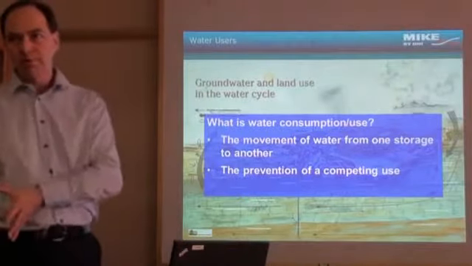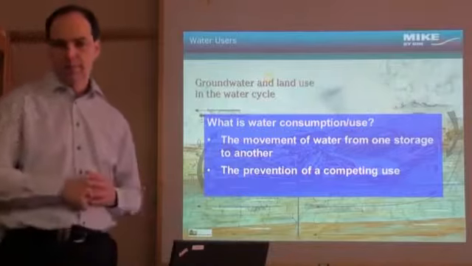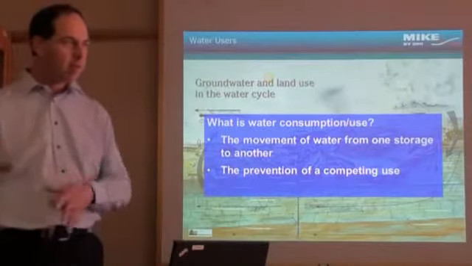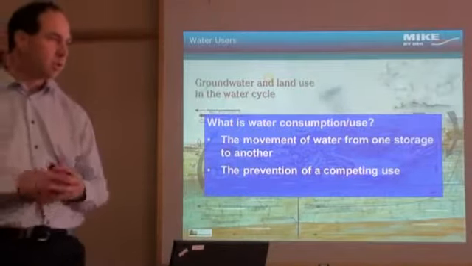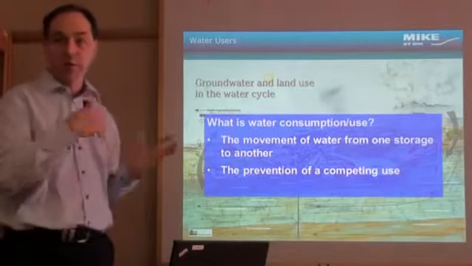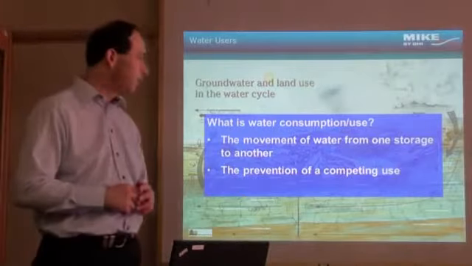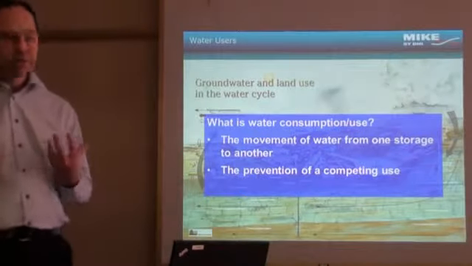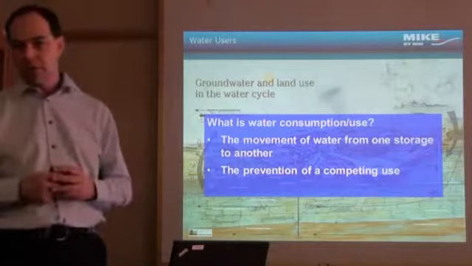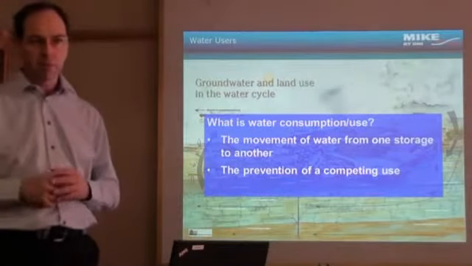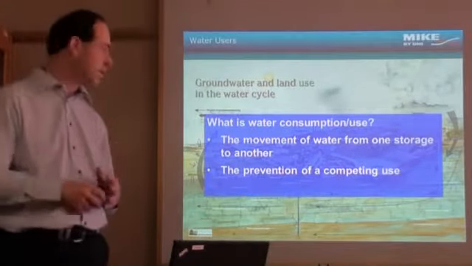So if we take water from the groundwater and apply it on the farm fields as irrigation, then we're basically moving it from a groundwater storage to maybe a surface water storage, or even an atmospheric storage, if we're changing evapotranspiration. We can also consider use as a way of preventing a competing use. Maybe we add something to the water, we change its temperature, or we change its properties in some way.